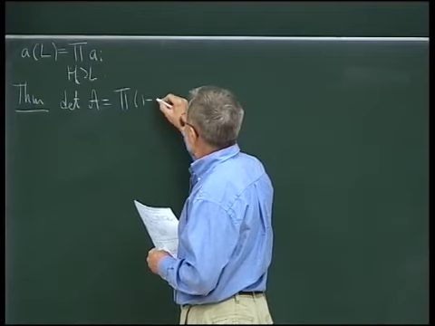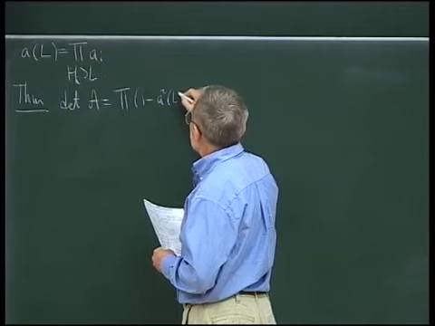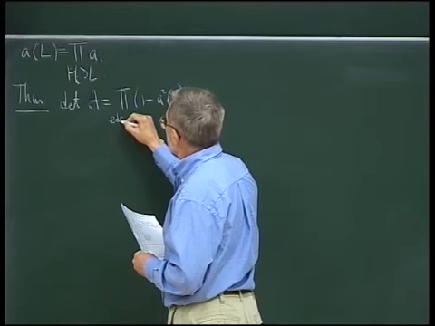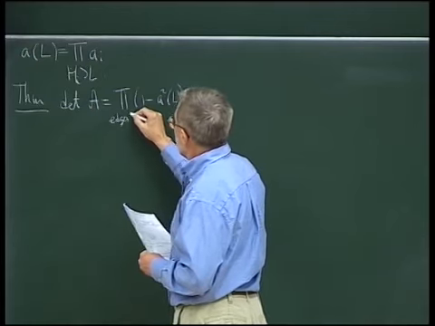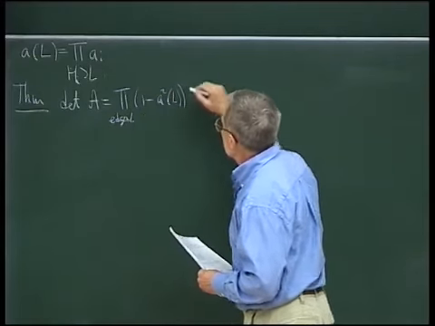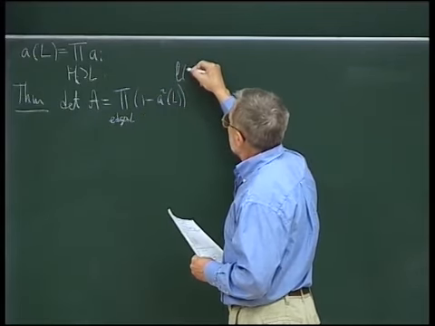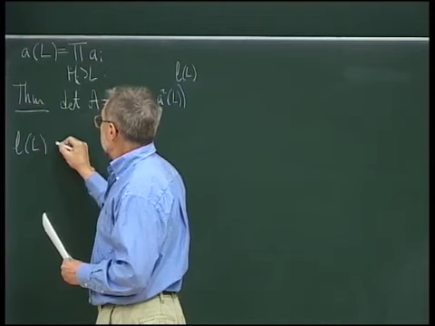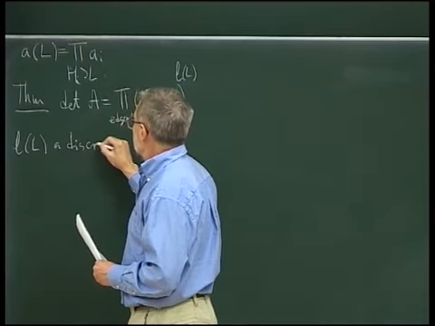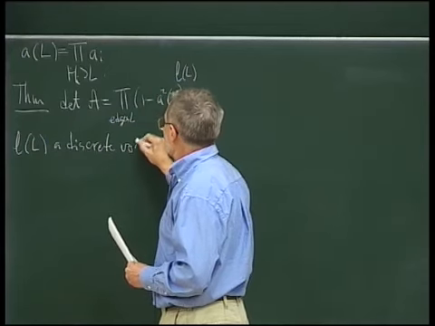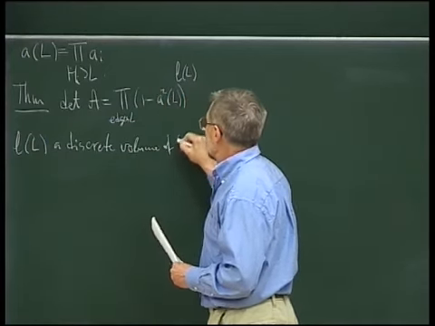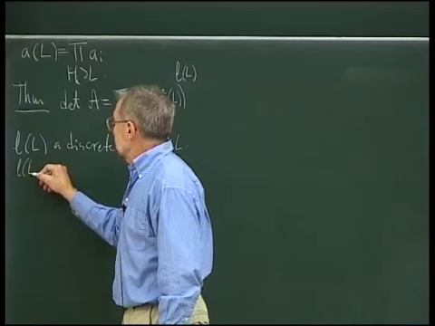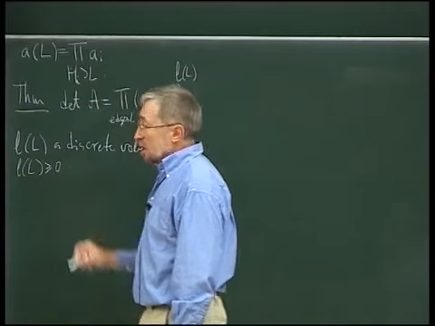So you take 1 minus A square of L, the product is over all edges L of that arrangement, and you raise it to some power l(L), which is called the discrete volume of L. And this is a non-negative integer.